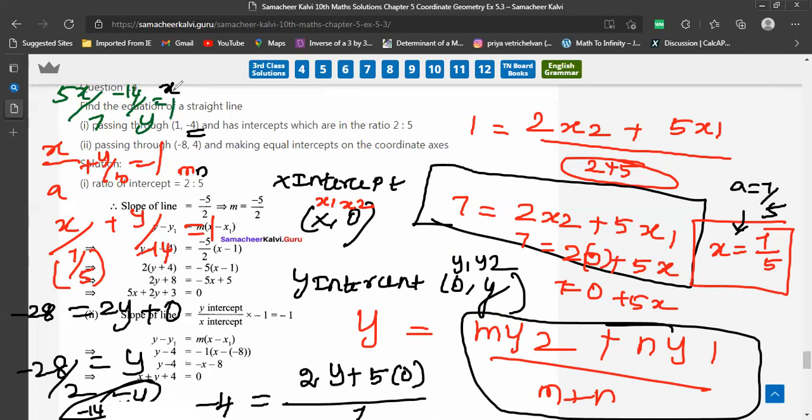If you take LCM and simplify, you will be having 10x minus y equal to 14, which can be written as 10x minus y minus 14 equal to 0. So this is how you will be having the equation.